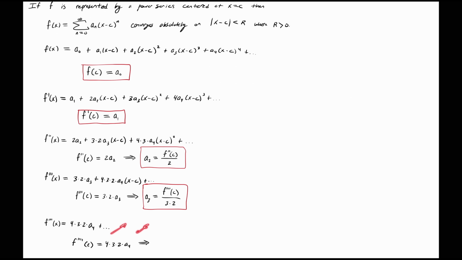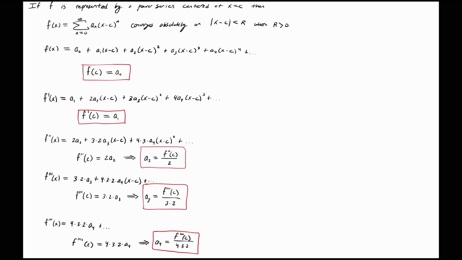So all of those would also go to 0. So then here, a4 is f quadruple prime, that's 4 primes, all divided by 4 times 3 times 2 times 1. Okay. So there we have it. And we could do this all day if we wanted to.